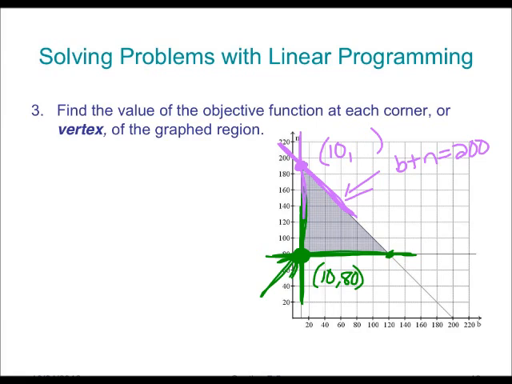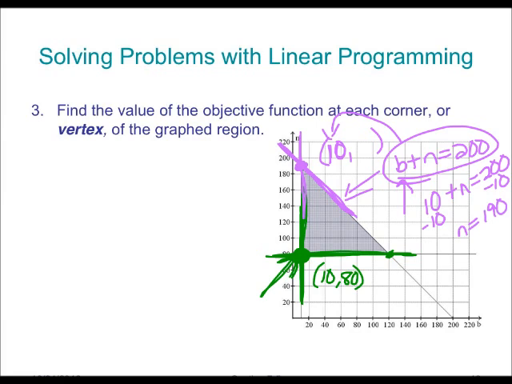So where those two lines cross, that vertical line, b equals 10, and this line, well, I know the b has to equal 10. I already know that from this right here. So if the b equals 10, and I solve for n, I subtract 10, I know the n has to equal 190.